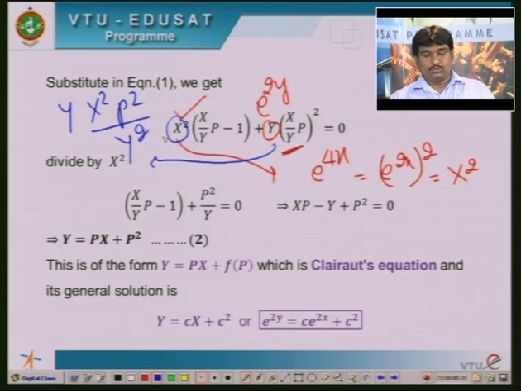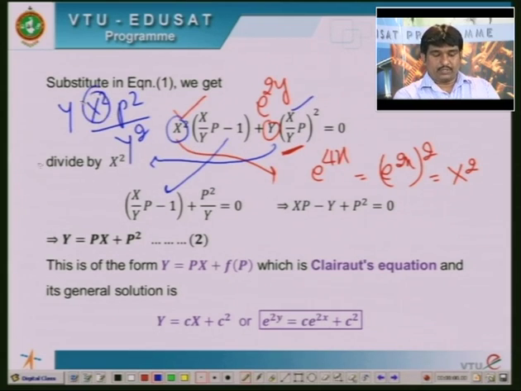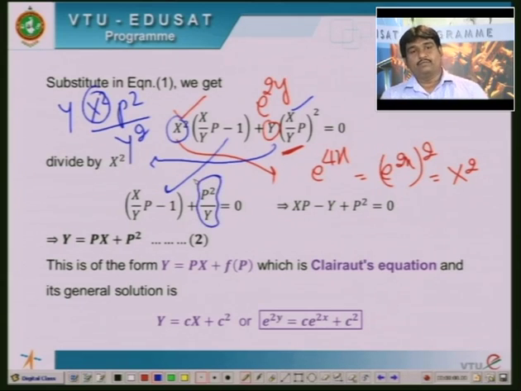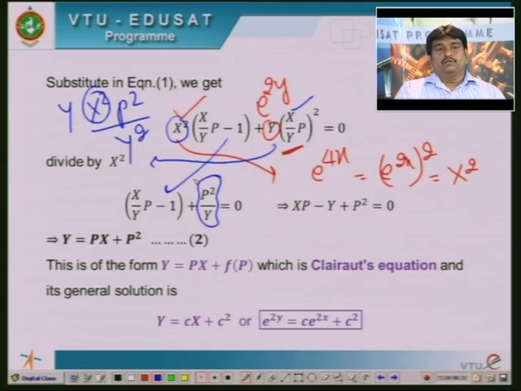So divide throughout by x square to get this term as it is, x by y into p minus 1 plus. This part is gone. When you divide by x square, y by y square is 1 by y, and you will be left with p square by y here. So it is x by y into capital P minus 1 plus p square divided by capital Y equals 0.